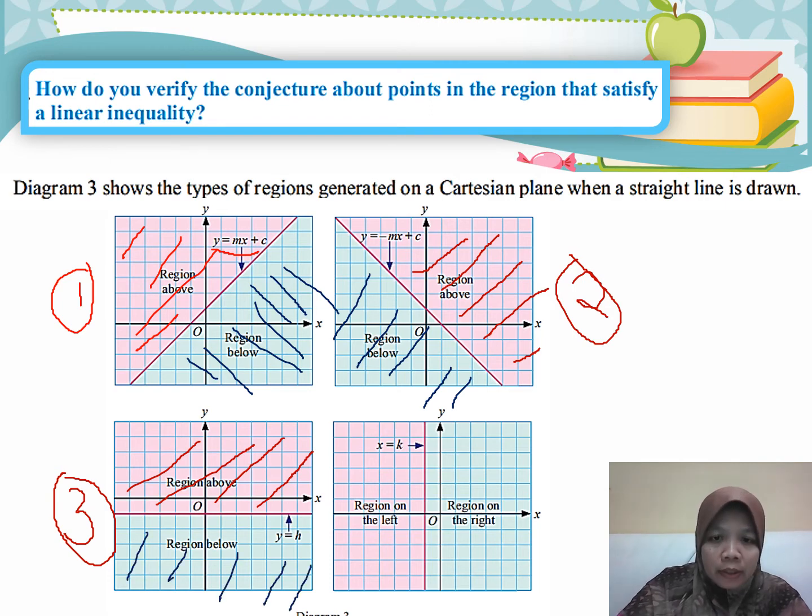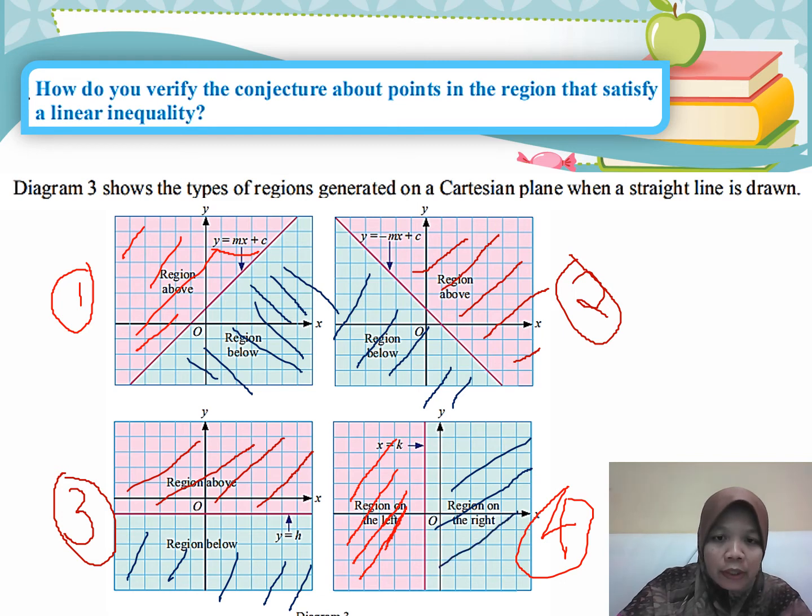And then the last diagram, diagram number 4. The line is x equal to k. The red region is on the left of the line, and the blue region is the region on the right of the line.